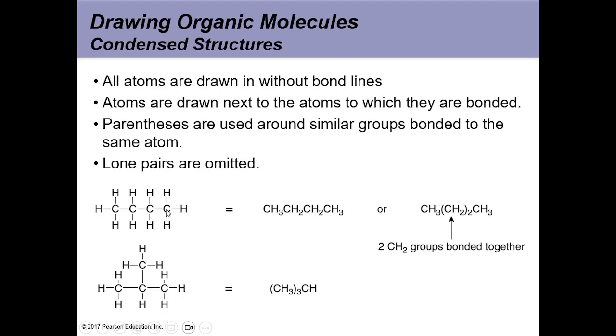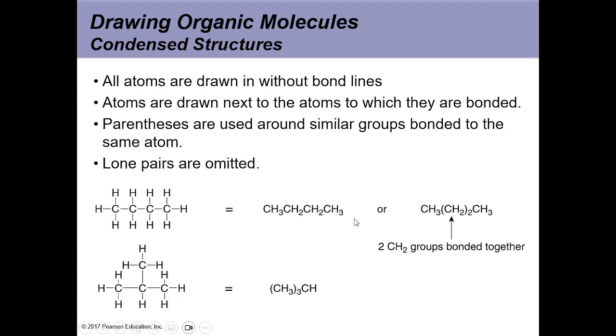Now, if we really draw the condensed structure, you would write CH3 as the first group of atoms, followed by CH2, CH2, two CH2s, and then one last CH3 at the end, the terminal CH3. This is perfectly fine, but you can also further simplify this into CH3, parentheses CH2 with a 2 outside the parentheses, CH3. You can see in the center, (CH2)2 represents 2 repeating CH2s.